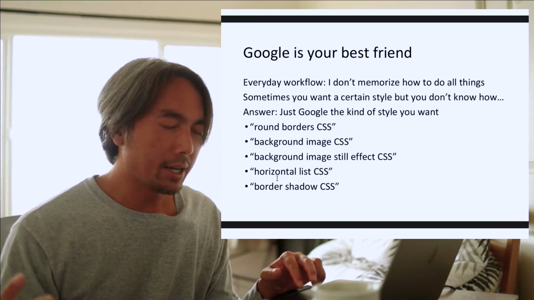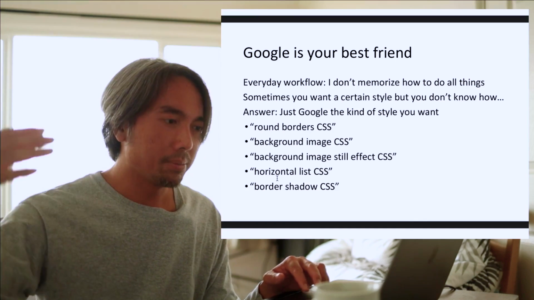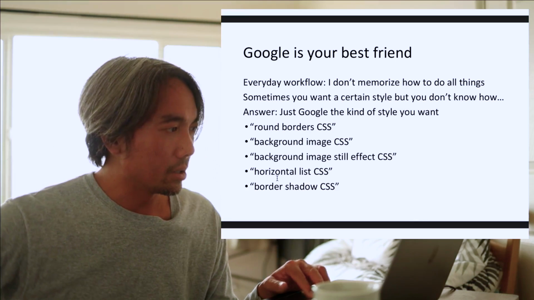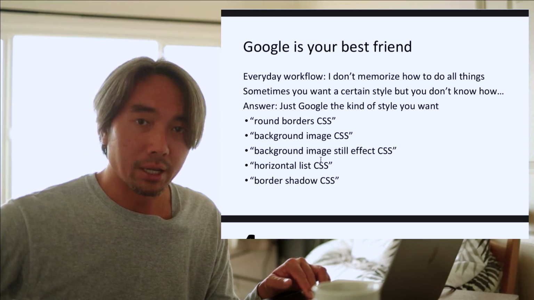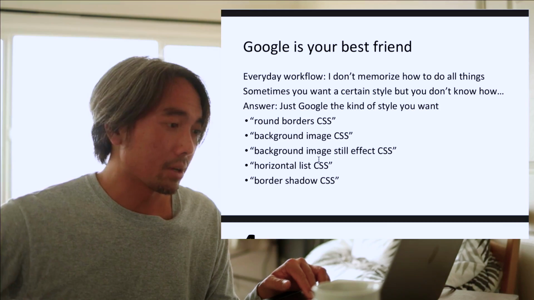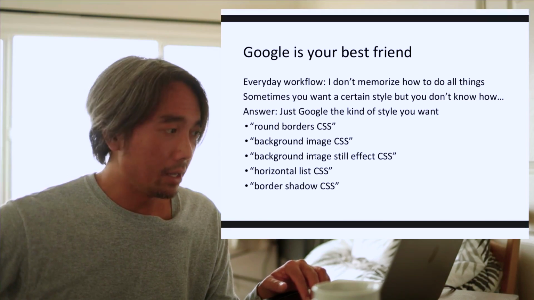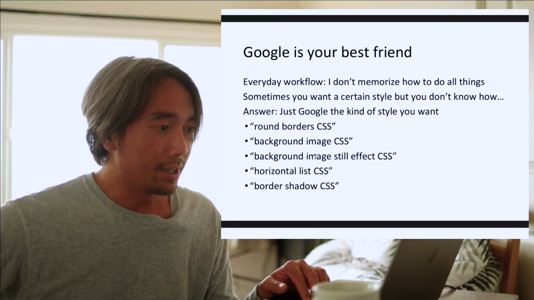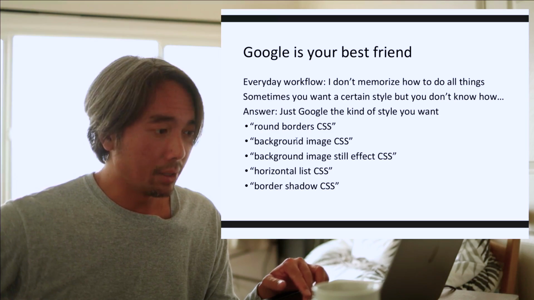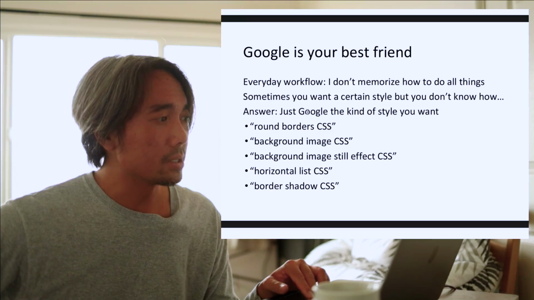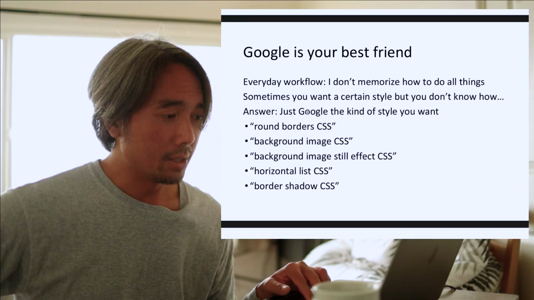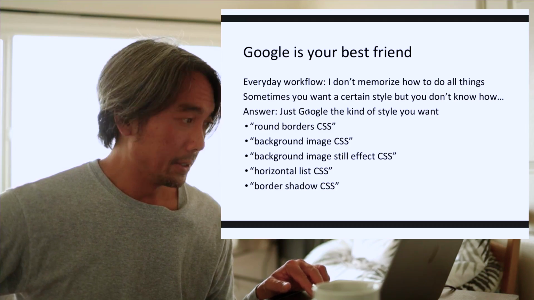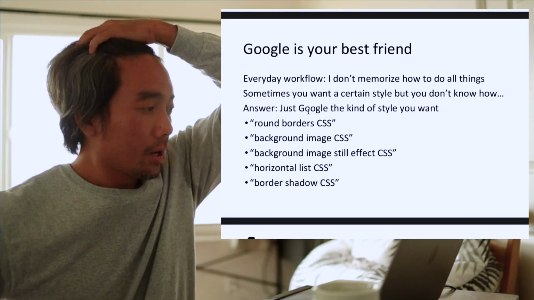And 99 out of 100 times it will come up with an answer, a website, someone will have summarized very nicely how to do that exactly, and you can just copy paste their code and edit it for your own needs. Because again, web development is so commonplace that anything you're trying to do, someone has done it before, and someone has been nice enough to write up about it.